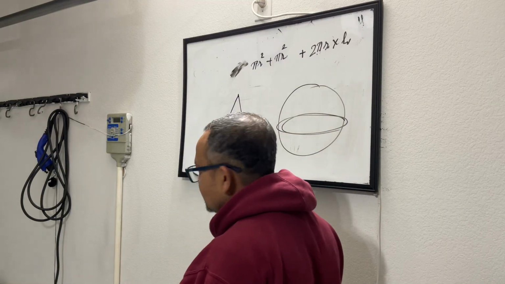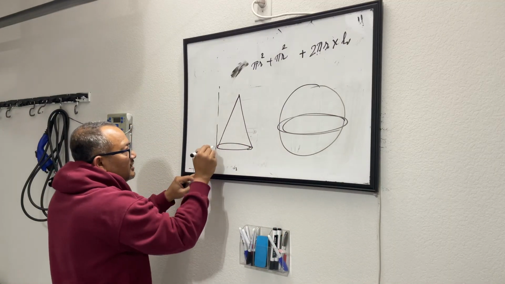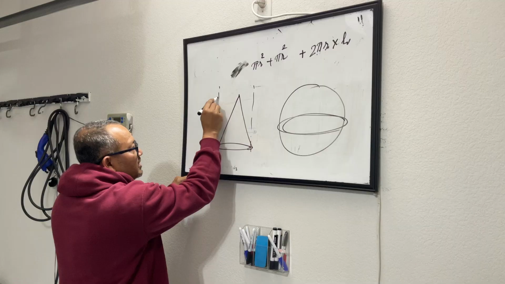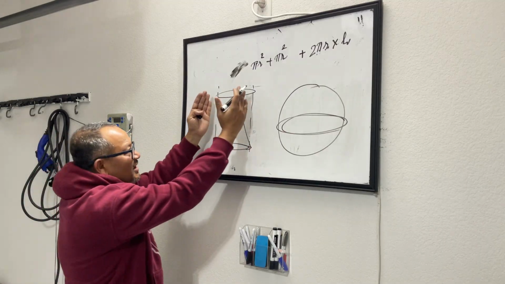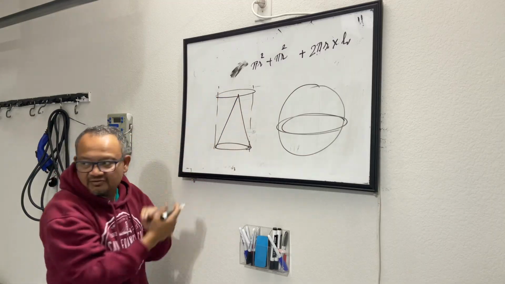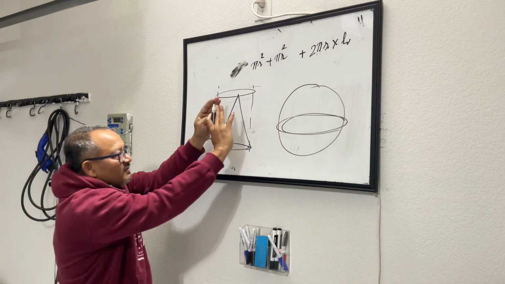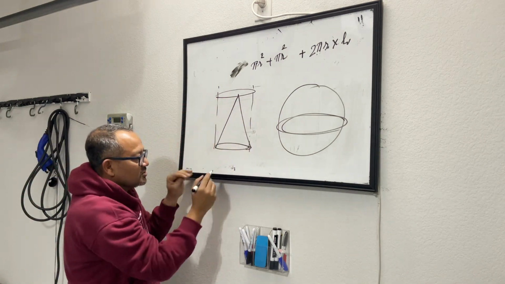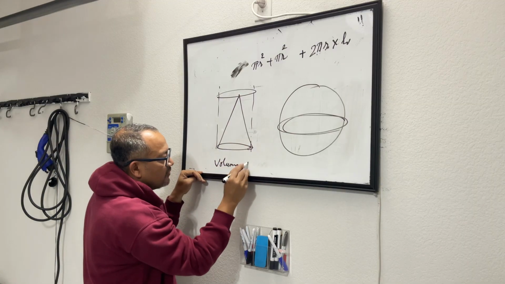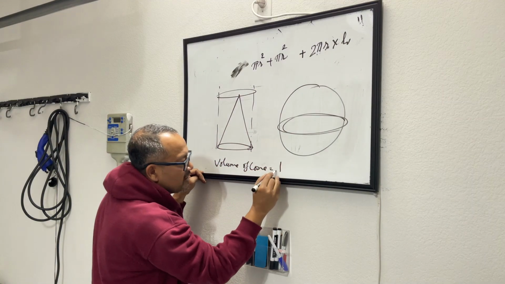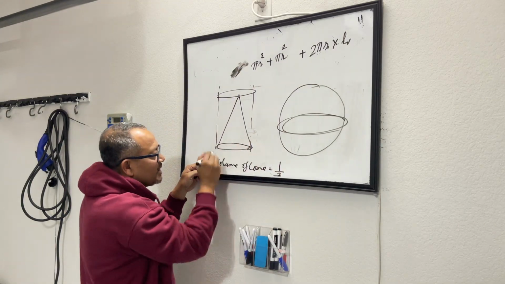If you visualize a cone, it is made by splitting the right cylinder into 3 equal parts. One part, this is the center one. This one will make another cone, this one will make another cone. So the volume of the cone is 1/3 the volume of the right cylinder. Volume of a right cylinder is pi r square into h.